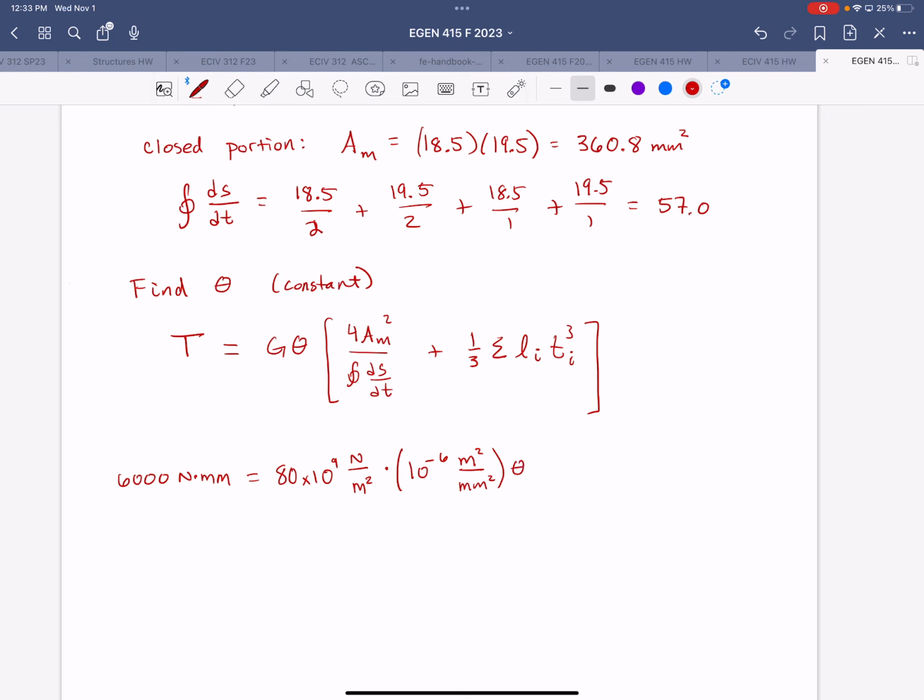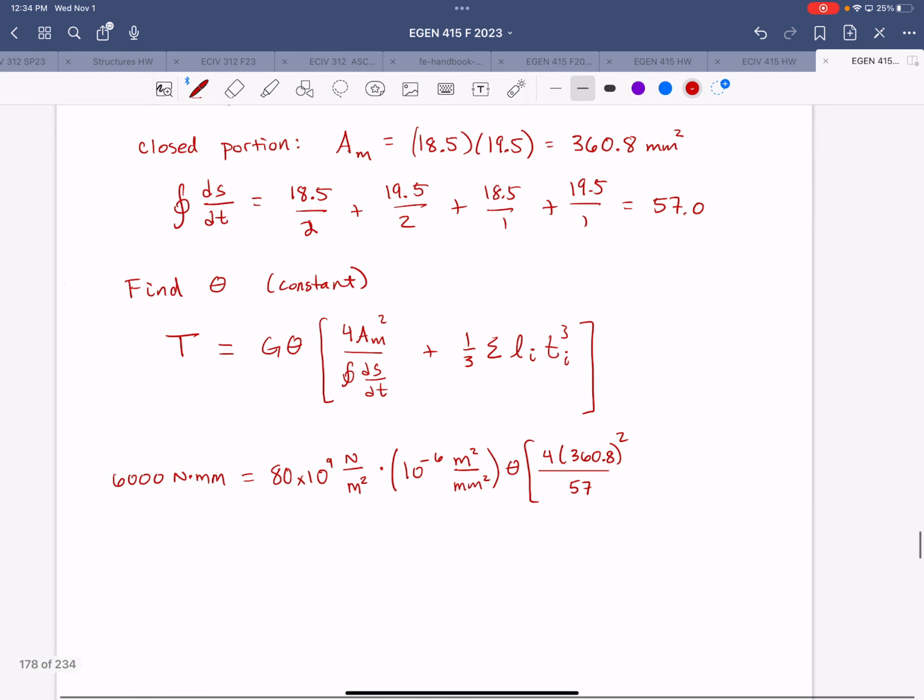And then we have theta, and then inside our square brackets, 4 times 360 squared over, oh wait, I forgot the 0.8, 360.8 squared, divided by 57 for the integral evaluation. So that's the closed loop portion, and then from the open-ended fin, we just have one segment, so it's simply 1/3 of the length, which is 15.5, and the thickness, which is 2. And that thickness gets cubed.